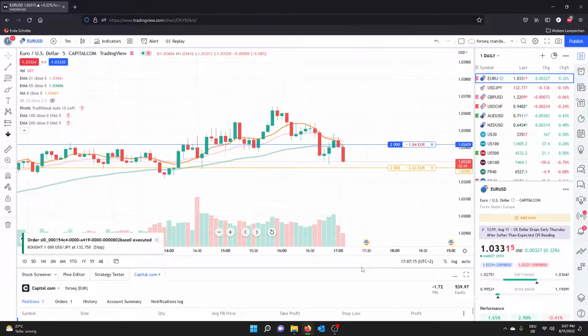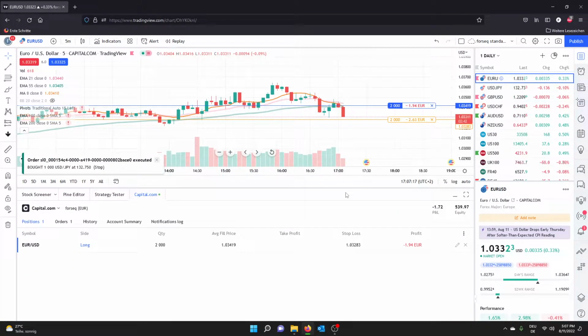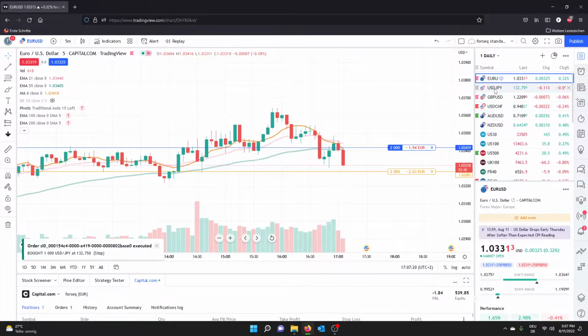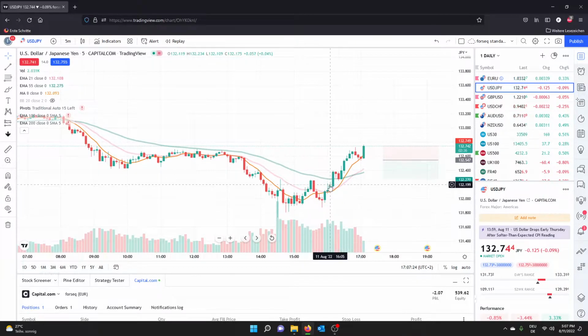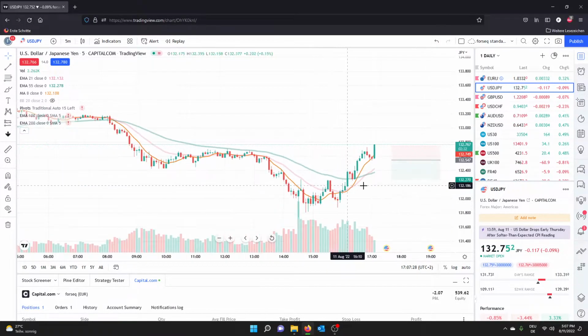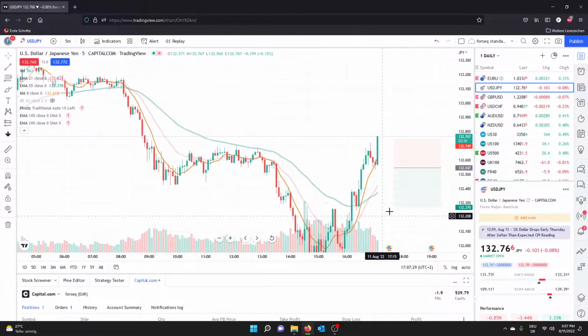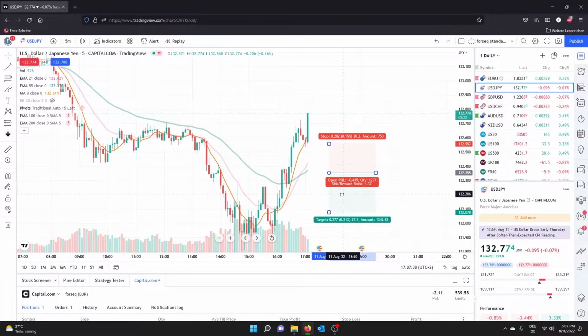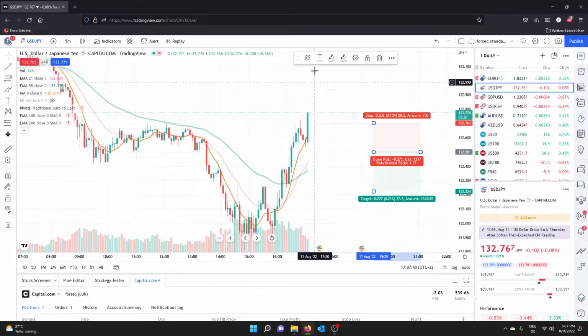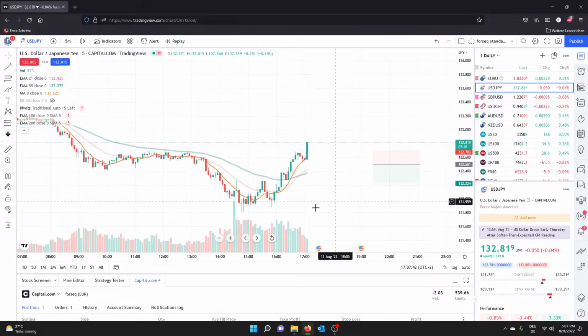Yeah, we got stopped out on our other trade, USDJPY. Okay, as I said, we have a pretty strong bullish movement here, and I was hoping that this area of resistance here would hold, but as we see, the price broke out, and now I think prices will go up even further.